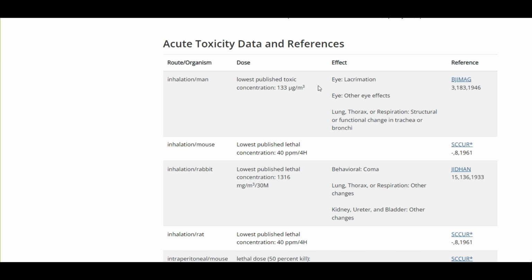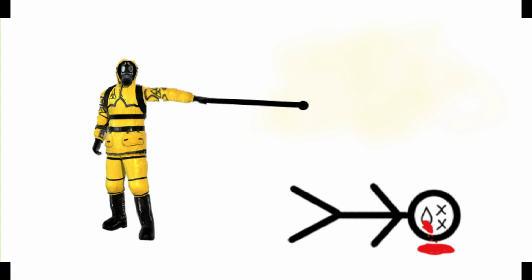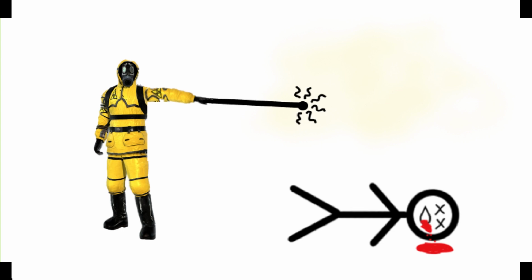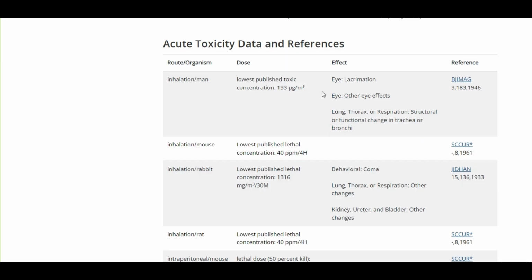I don't know if you had a guy who was exposed to osmium tetroxide, died, and then some guy in a hazmat suit came and put out some rod or something like that, some magical rod that could take measurements and tell him exactly how much osmium tetroxide there is. I don't know how they got this figure. I mean, that's a pretty exact figure. How did they get that?